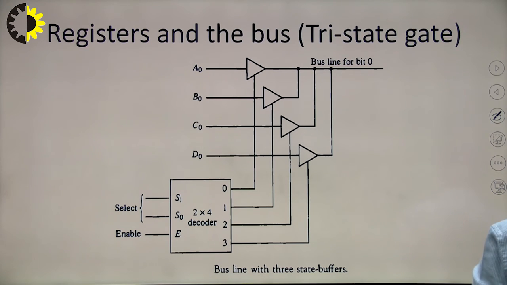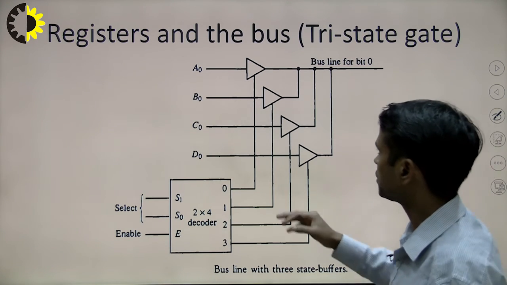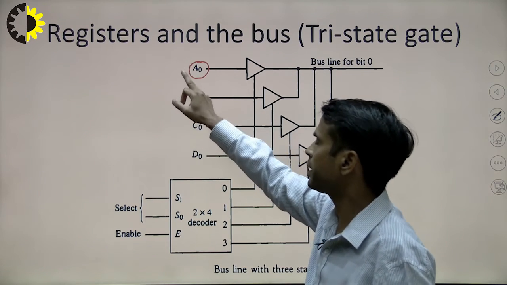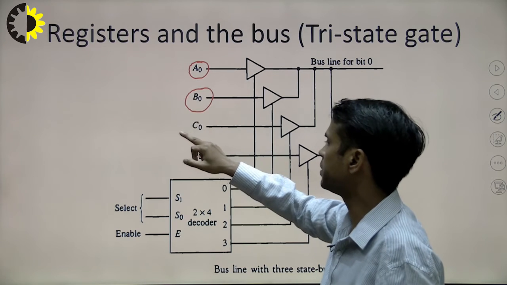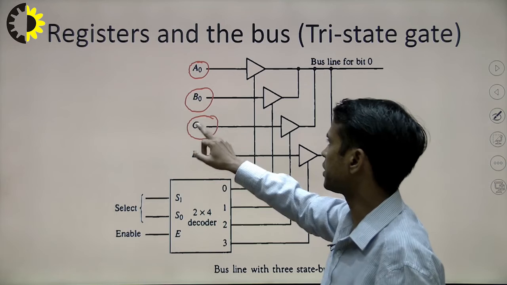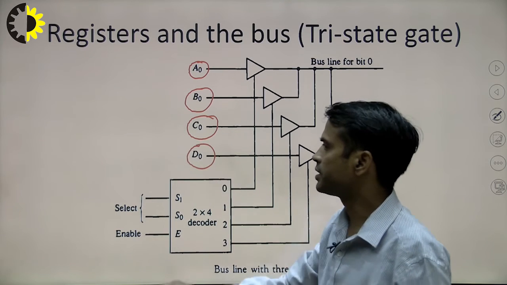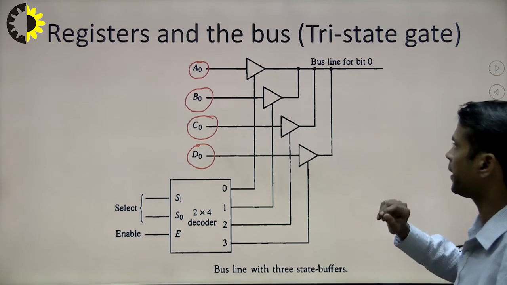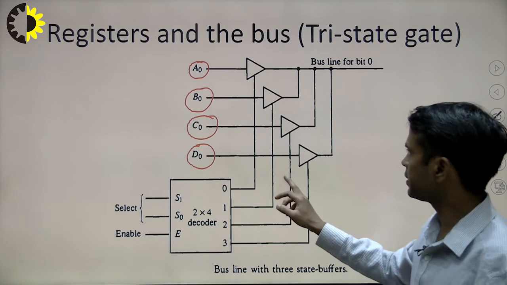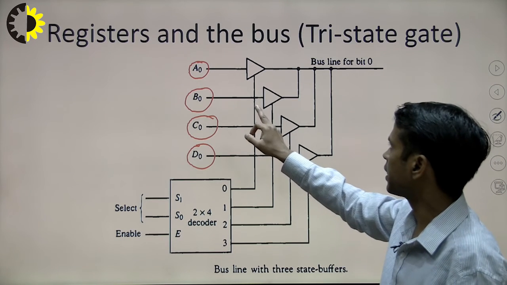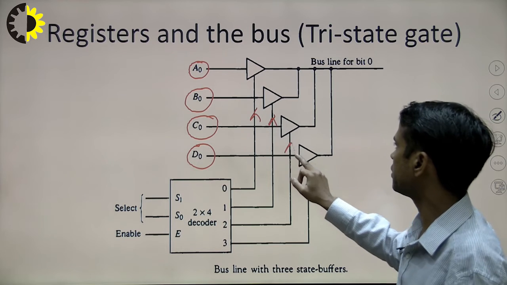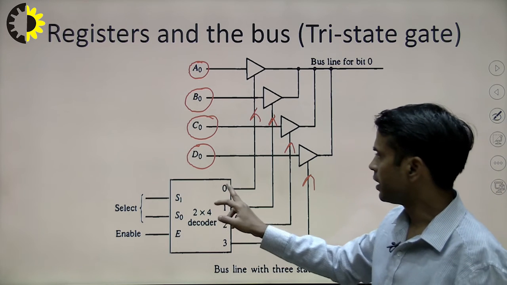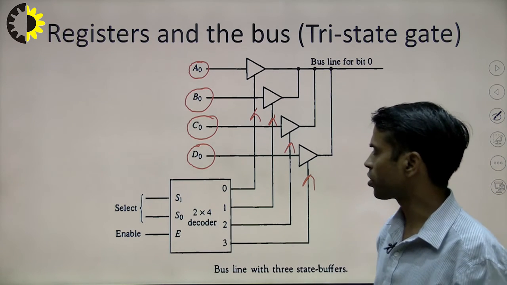If you want to connect data of, for example, 4 bits of A, B, C, D registers, then bit A0 of register A, B0 of register B, C0 of register C and D0 of register D are sent to this tri-state buffer or gate. This tri-state buffer is connected through the open circuit state, that is high impedance, to this decoder, a 2 cross 4 decoder.